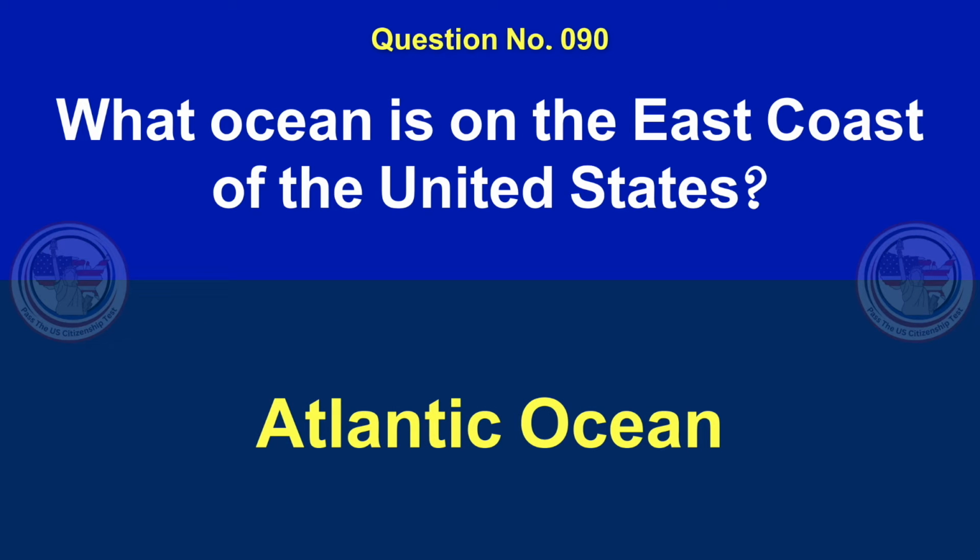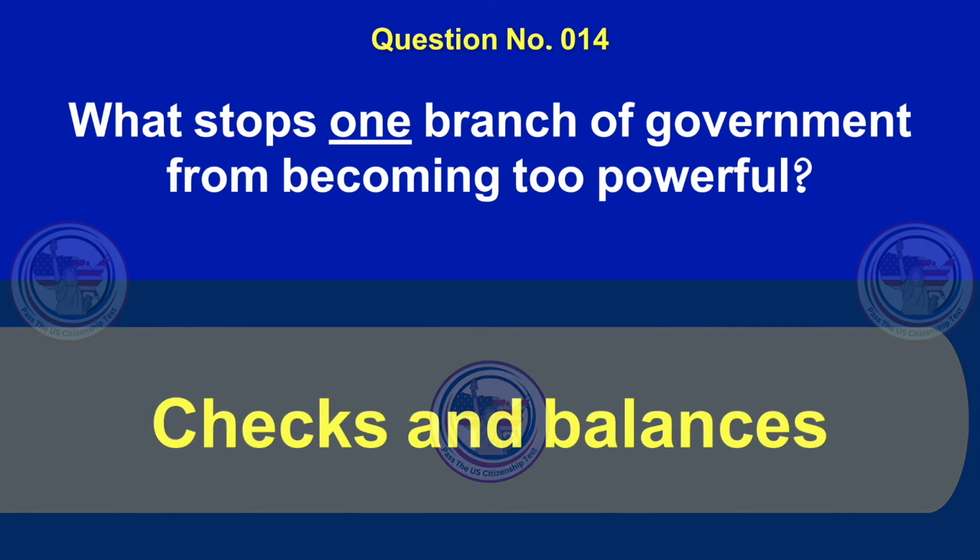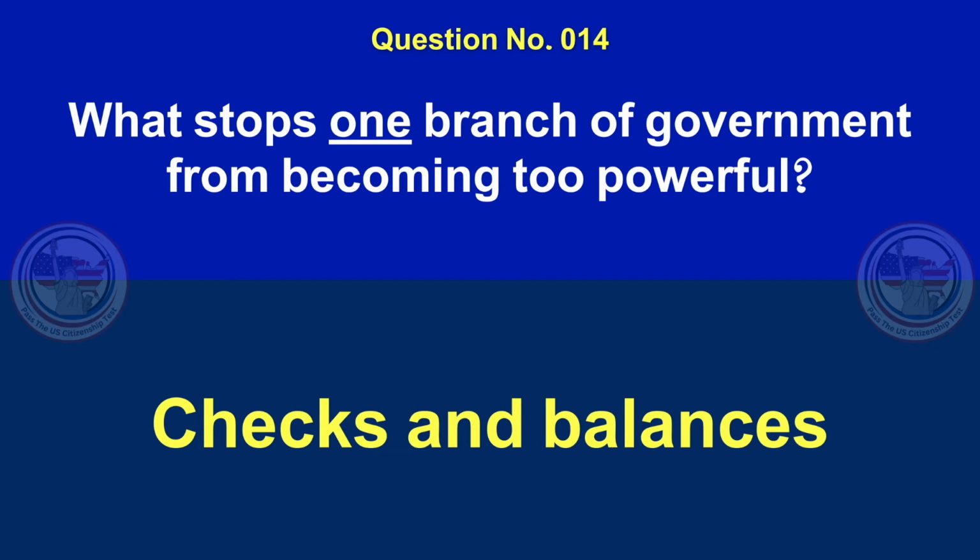Atlantic Ocean. What stops one branch of government from becoming too powerful? Checks and balances.